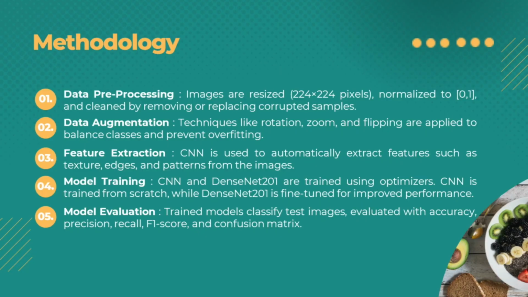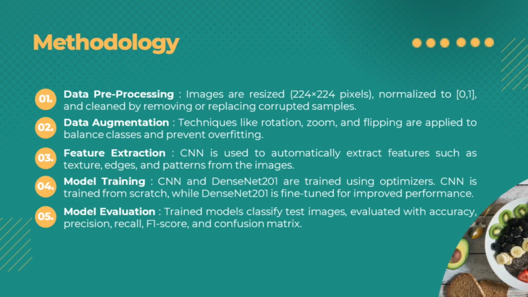So here, the methodology of our project has 5 phases. The first is data pre-processing. Here the dataset images will be taken and pre-processed, such as resizing, normalizing, and removing and replacing corrupted samples. The next is data augmentation. This is the phase where the dataset images are flipped, rotated, or zoomed in order to get different views while model training. The next is feature extraction. Once the dataset is ready, the deep learning models extract the features from the dataset given.